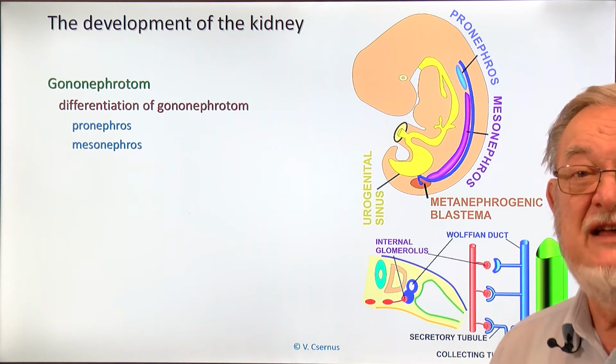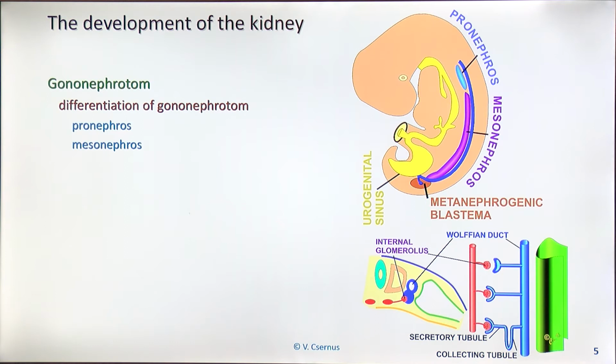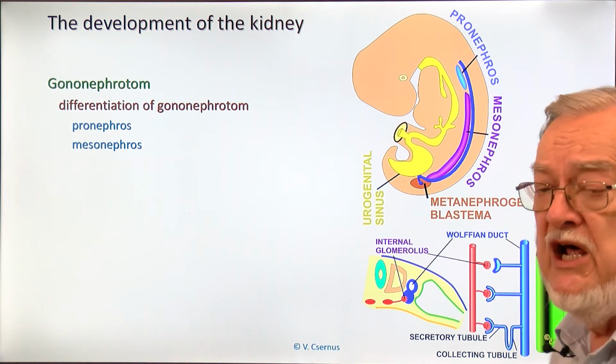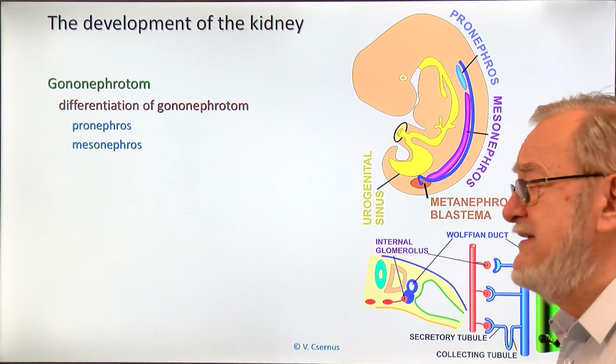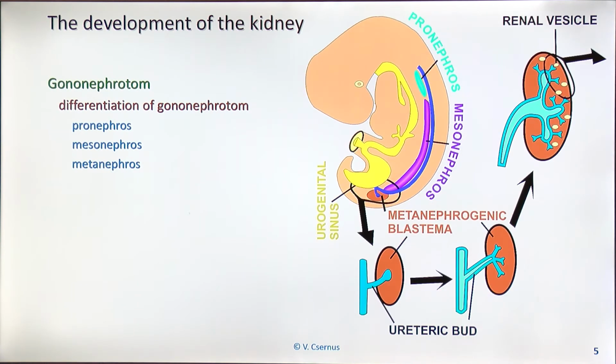We have a relatively small number of nephrons, and this also disappears. The capillary tuft and the end of the tubes disappear completely. The part of the Wolffian duct and these tubes will also disappear in females. In males, this tube and the Wolffian tube remain, and will be the ducts for the testis, the ductuli efferentes testis and the vas deferens.